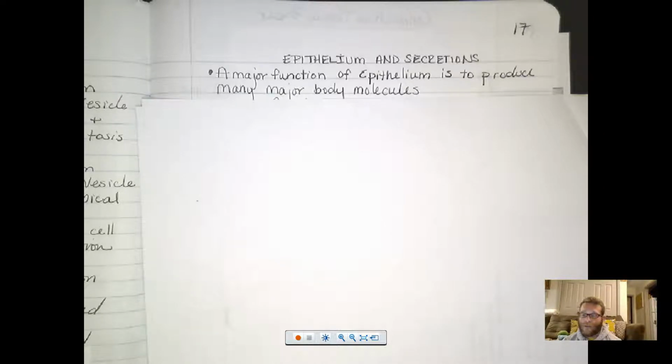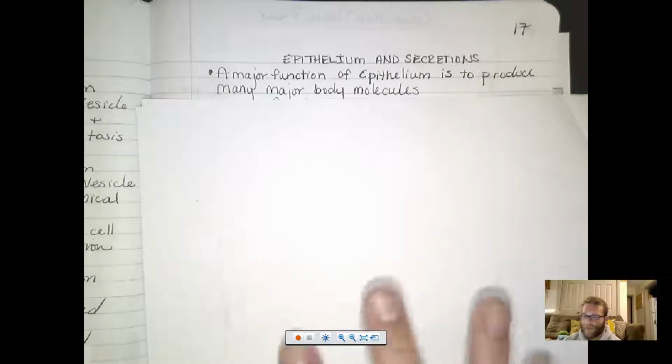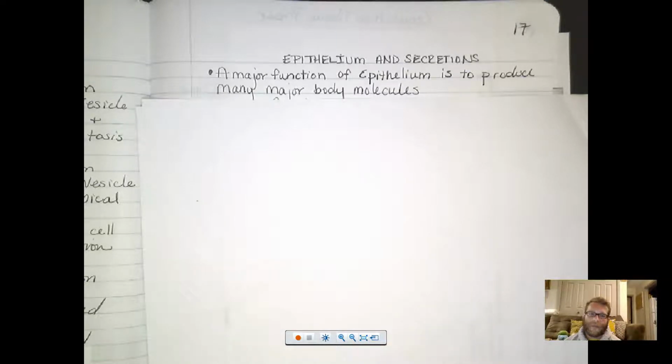Your epithelium is secreting quite a bit of what your body needs in order to function in a normal homeostatic state. Today we're going to be looking at the different types of epithelium that line the body that secrete different substances, and we'll talk about the different secretions and the different methods in which secretions occur.